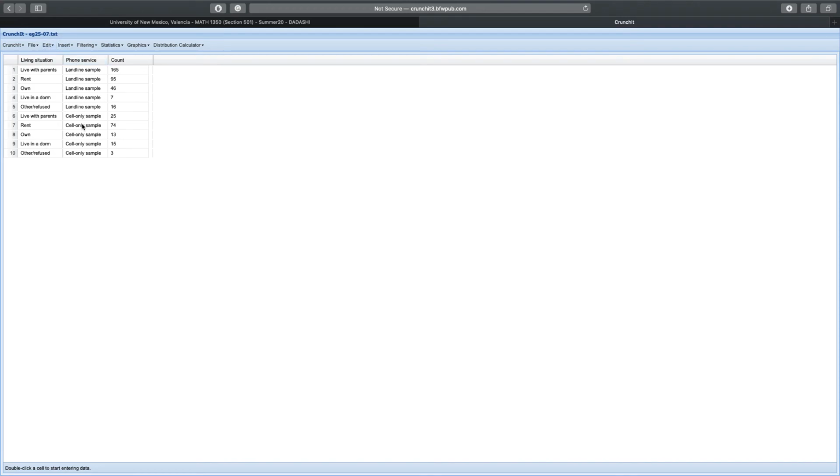In a contingency table, we have counts. But before I show you the contingency table, I want to explain that there is a null hypothesis and an alternative hypothesis for testing the independence between these two categorical variables.